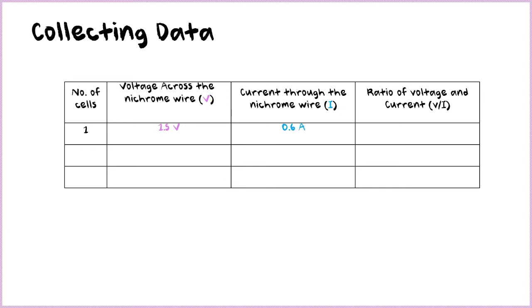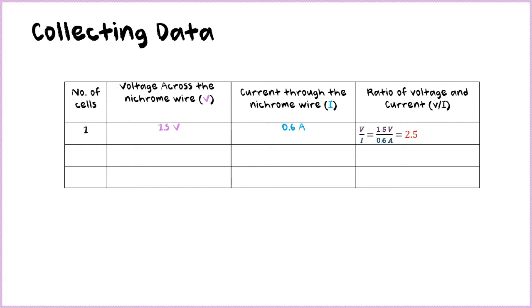The current through the nichrome wire is 0.6 ampere, which sometimes appears on our reading as 600 milliamp. And the ratio of voltage and current: V over the current is equal to 1.5 divided by 0.6, which is equal to 2.5.